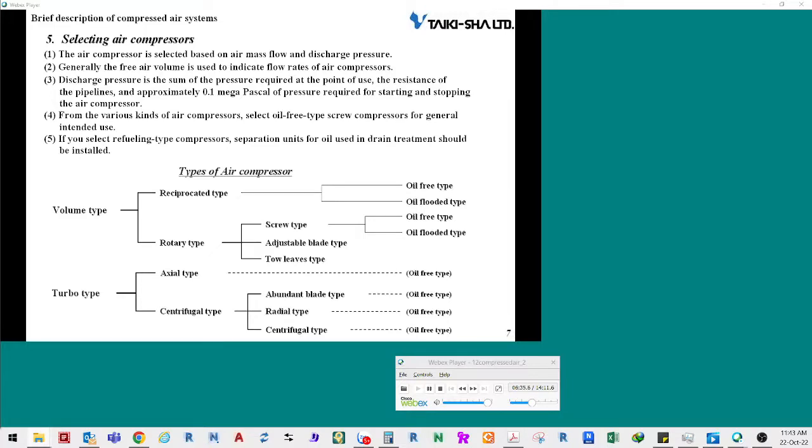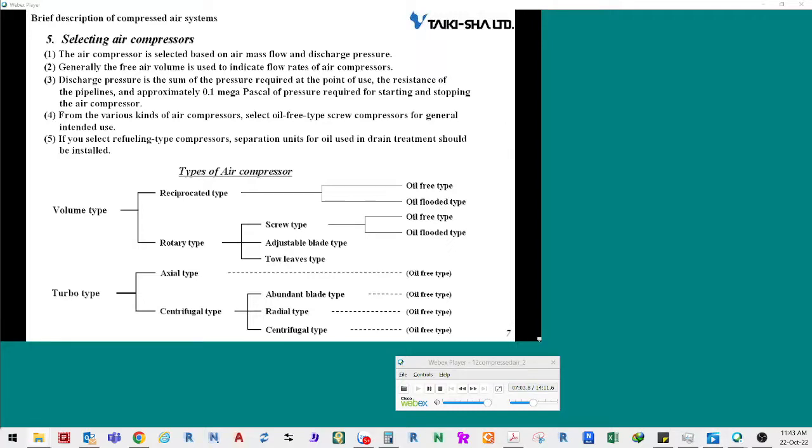5. Selecting air compressors. The air compressor is selected based on air mass flow and discharge pressure. Generally, the free air volume is used to indicate flow rates of air compressors. Consider the flow rate of air supplied by air compressors when you select them, because the conditions of sucked up air affect such flows.